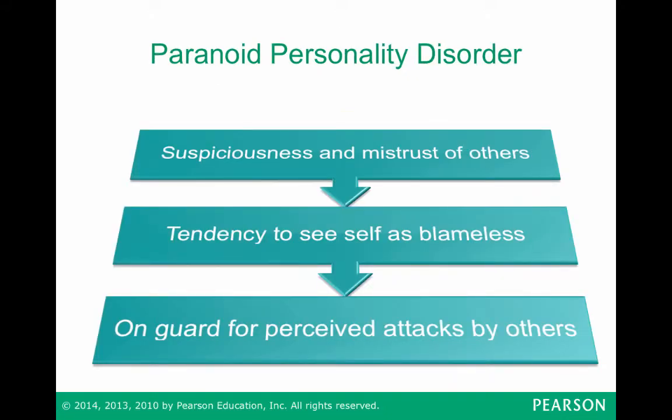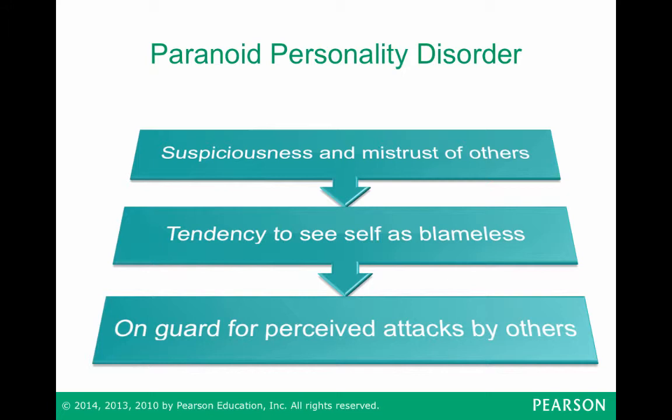When we talk about paranoid personality disorder, the characteristics of this disorder include suspiciousness and mistrust of others, a tendency to see themselves as blameless, and they're on guard for perceived attacks by others. And so instead of taking any blame for things, they blame others for their own mistakes and their failures, and may even ascribe evil motives to the other person.